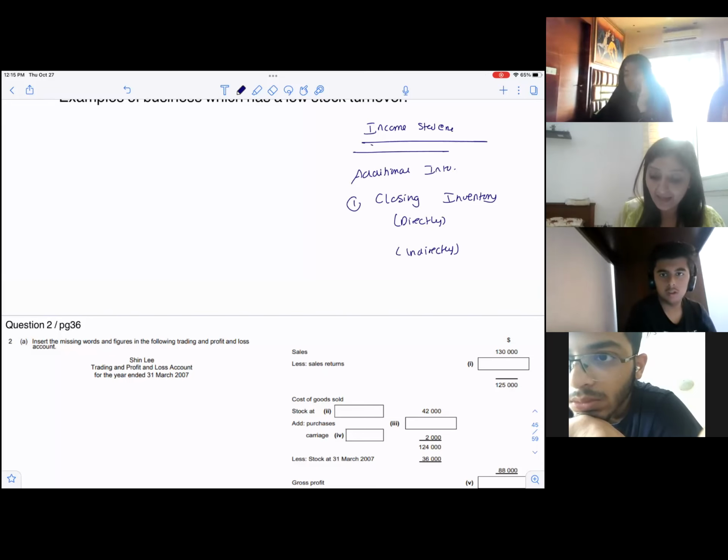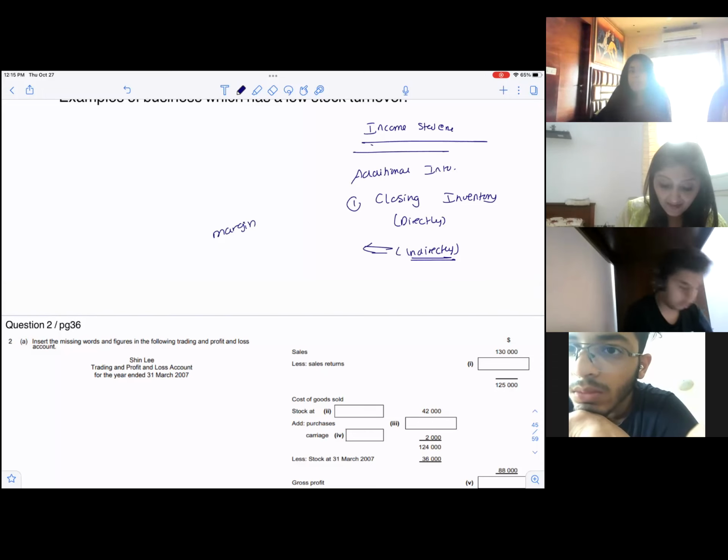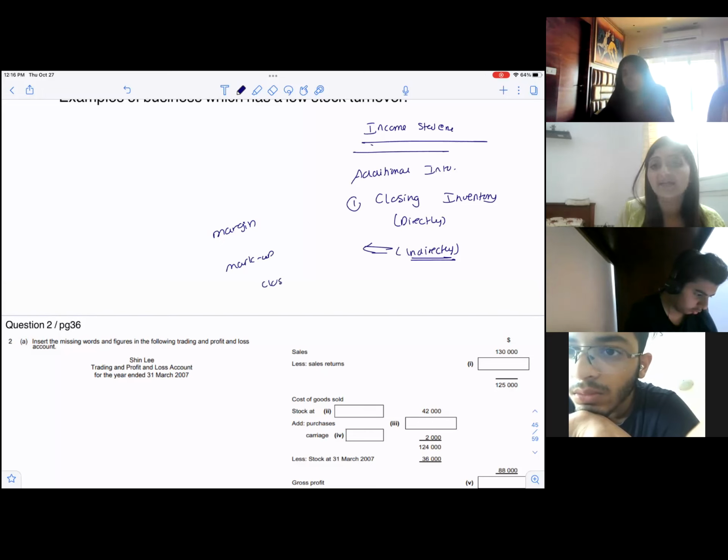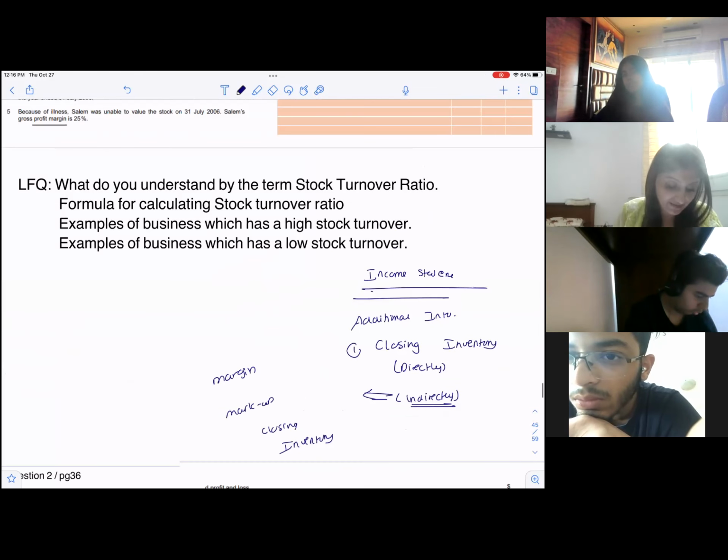But when indirectly, they will give you your margin or your markup, and you will have to find your closing inventory. So this sum is indirectly giving you your closing inventory with the help of margin and markup.